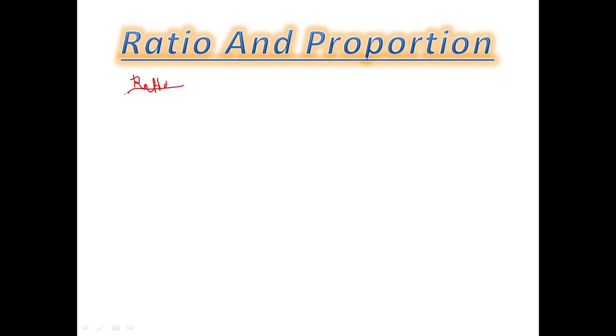Ratio. To compare things of the same kind, we can use two methods. One is by subtraction and one is by division.